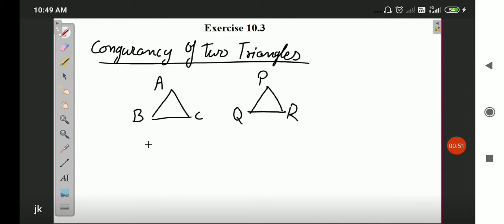So these two triangles, triangle ABC and triangle PQR, were said to be congruent. This is what we learned in 7th class.